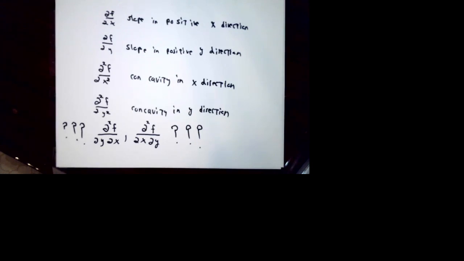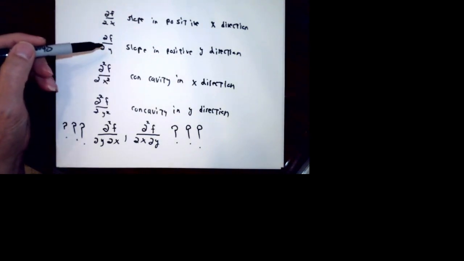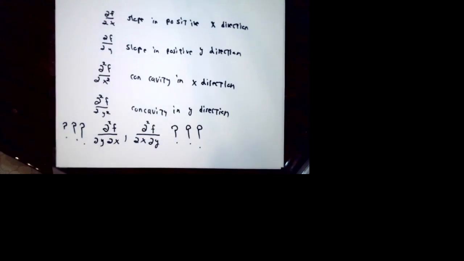A reasonable person might be thinking, this tells me the rate of change in the x direction and the rate of change in the y direction. Assuming that my function isn't too badly behaved, is that enough information to tell me the rate of change of f in any direction? It's going to turn out that the answer to that question is yes.